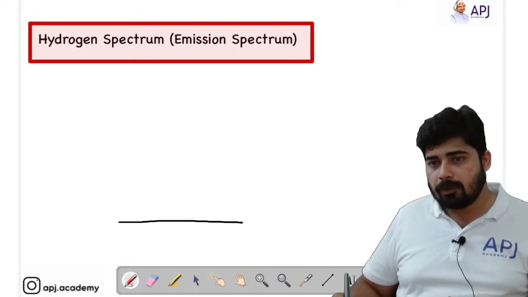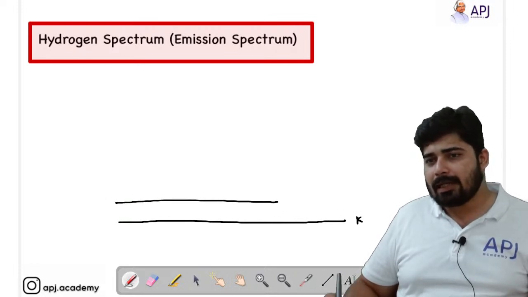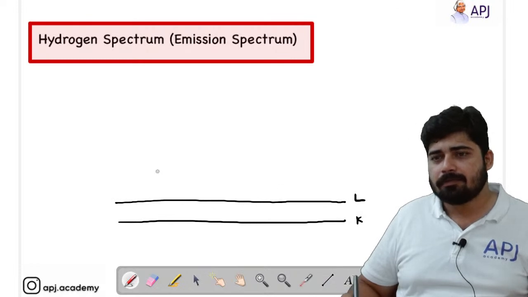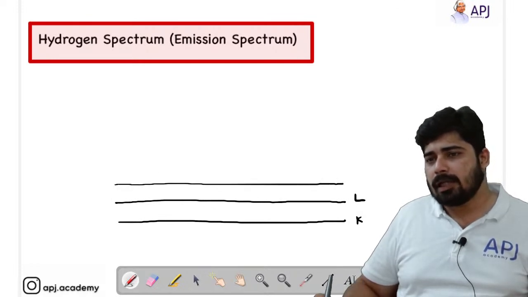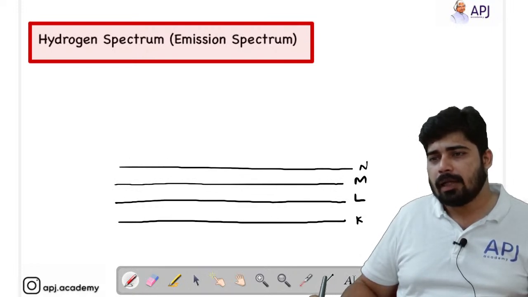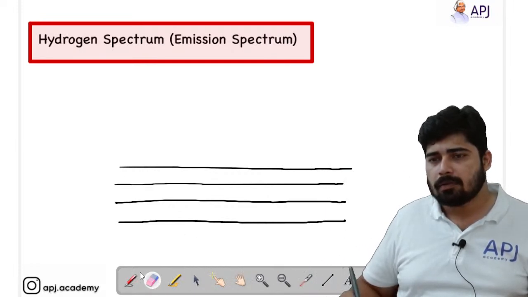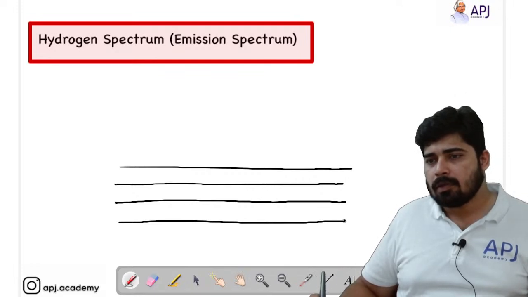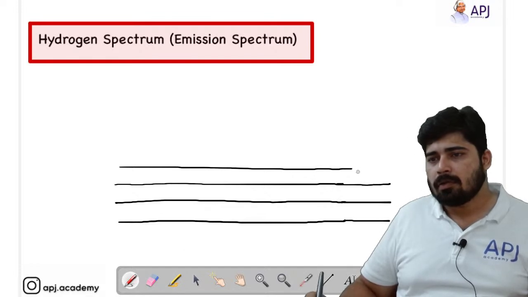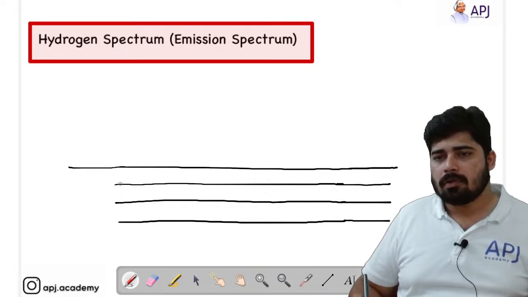This is the first shell. I'll name the first shell as K. This is the second shell, and that is L. This is the third shell, that is M. Fourth shell, N. Let me draw it a little bigger.